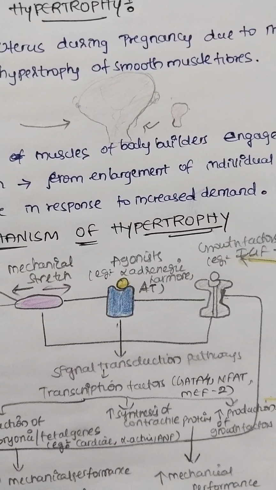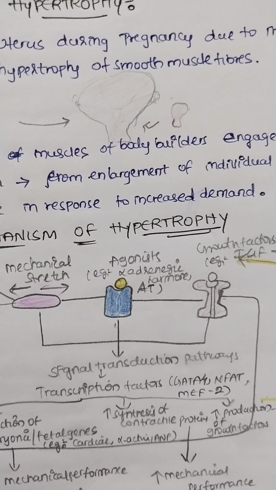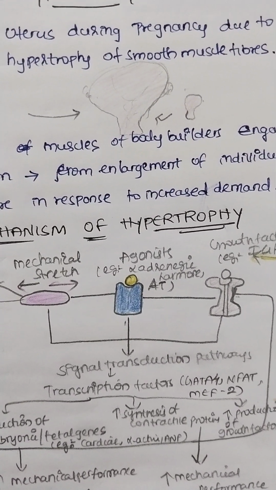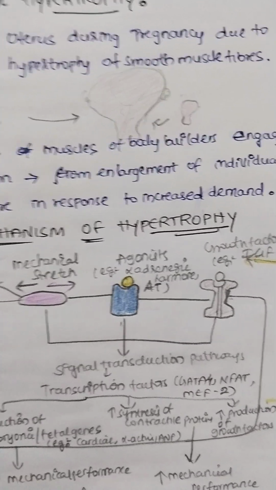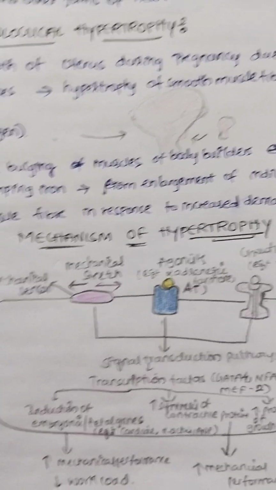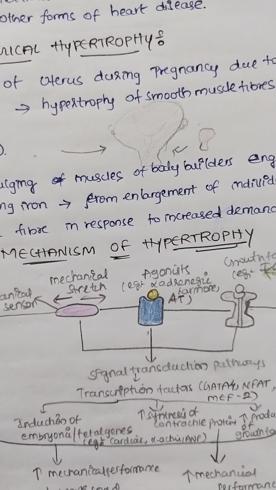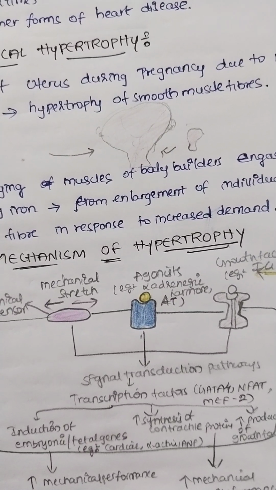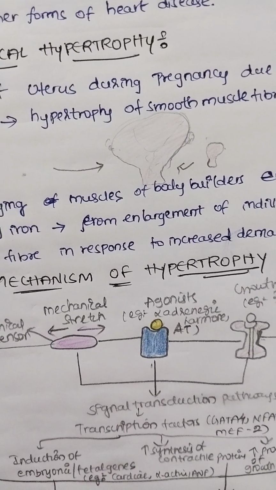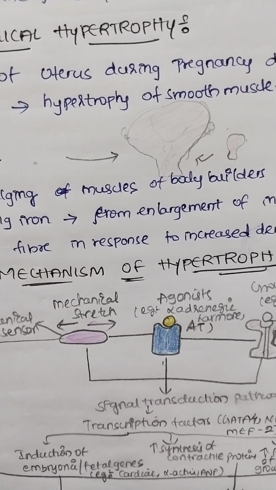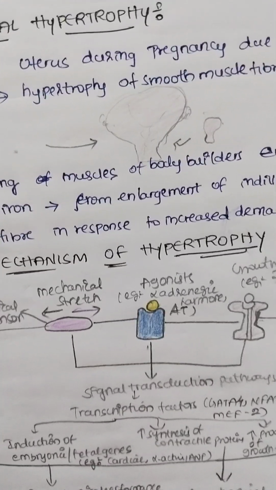And in some conditions, ANF will normally be secreted when there is increased hypertension, meaning increased body volume and increased pressure. ANF will be secreted, and this ANF will regulate the blood pressure.